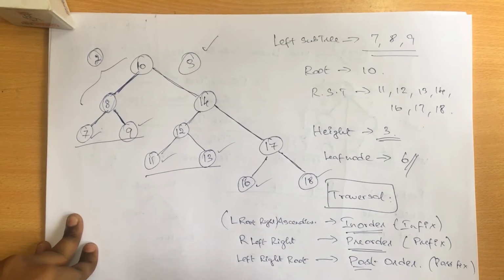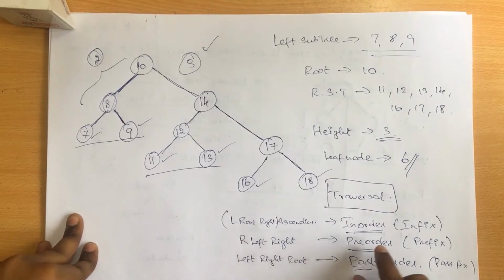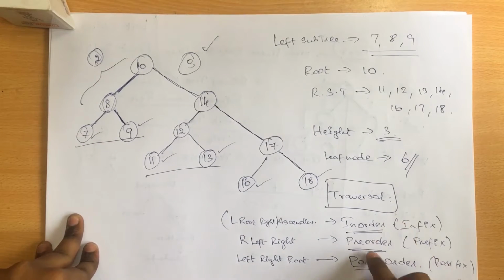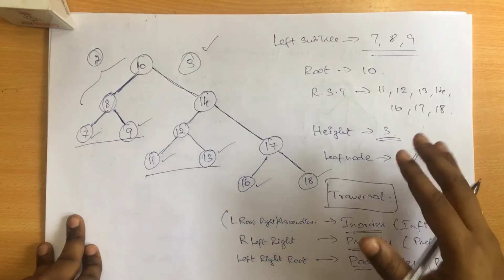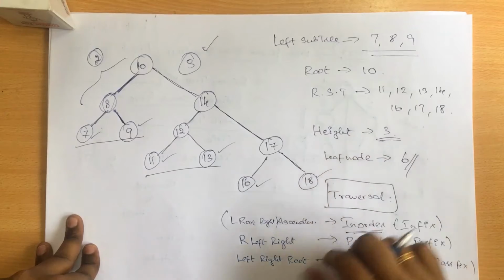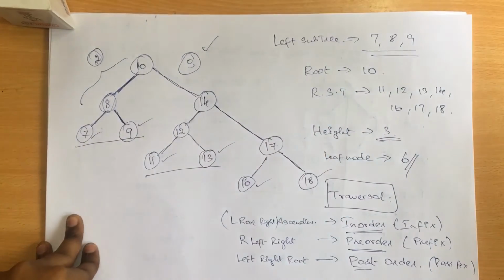Now let's see how the exact procedure is going to work, right? First we have seen what in order is, then pre-order and post order. Now let me construct a tree and show you how all the values are going to traverse in the entire tree.